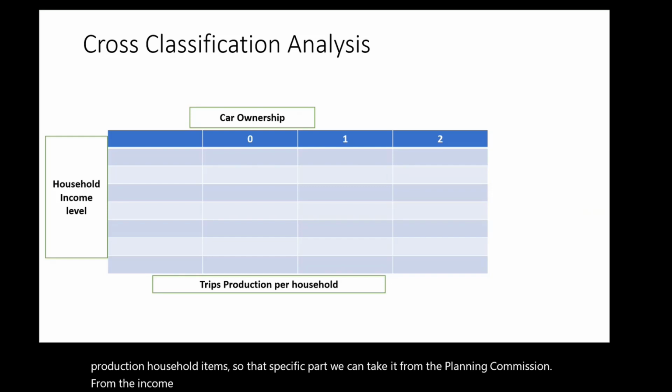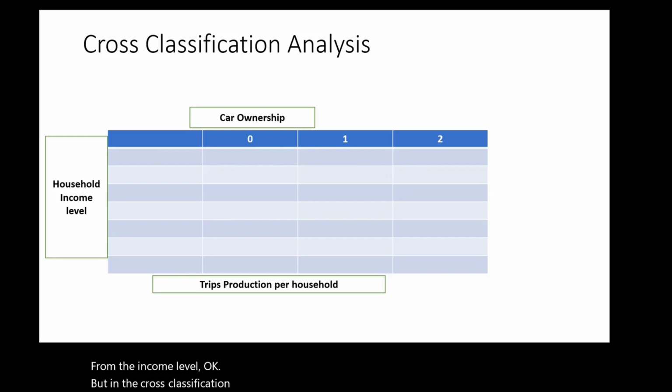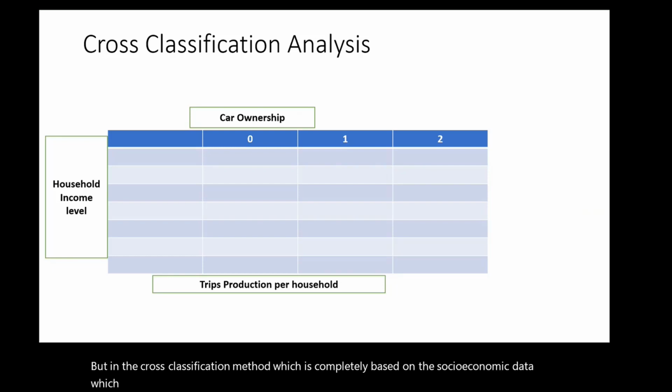Okay, but in the cross classification method, which is completely based on the socio-economic data, which is related to the level of income, per capita income, automobile ownership, and trip classification.